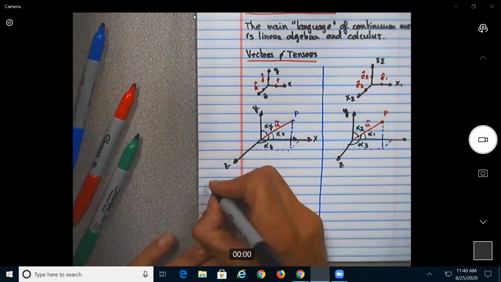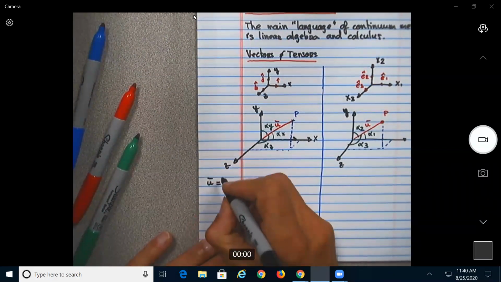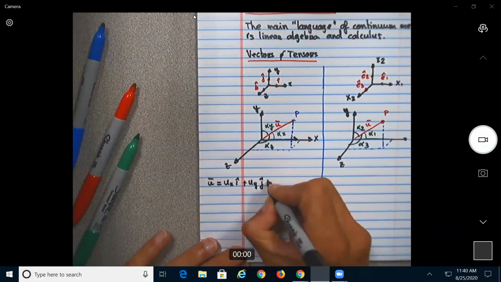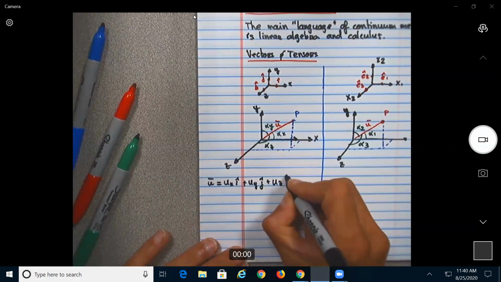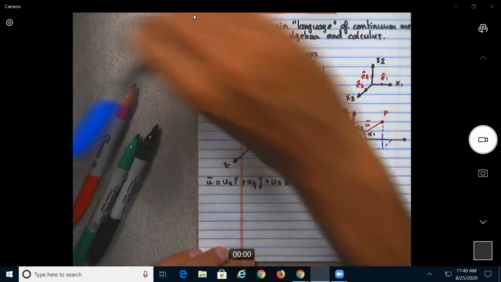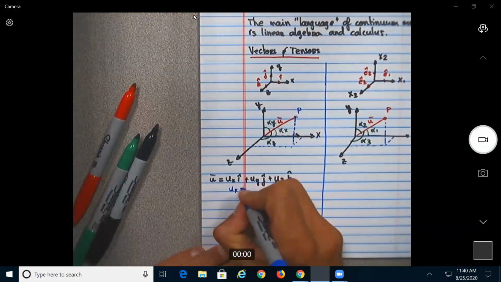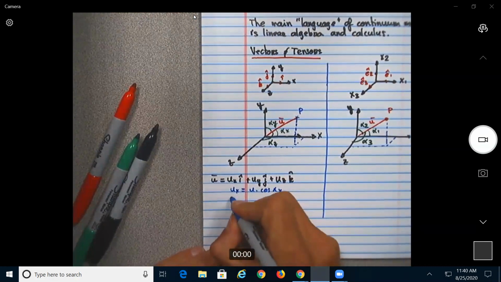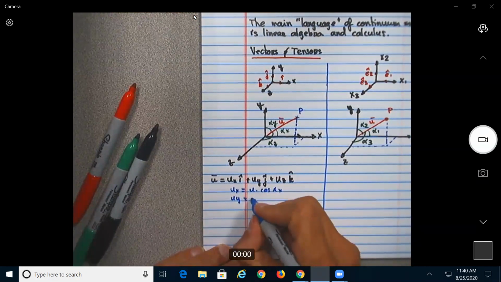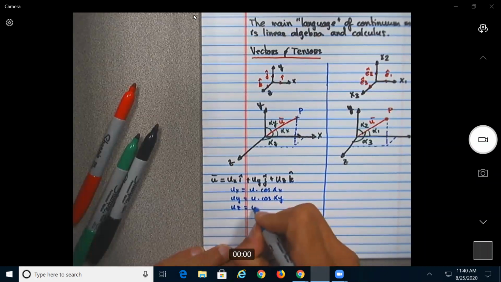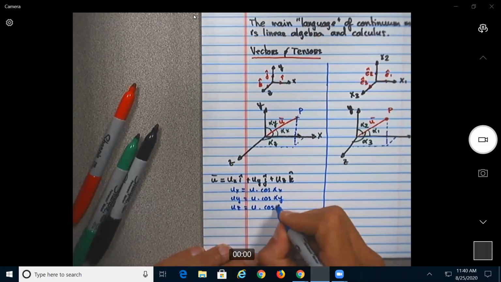Okay, so you need to write the vector. You have here u equal to ux i plus uy j plus uz k, where your ux will be equal to what? u cosine alpha x, uy will be u cosine alpha y, and uz will be u cosine alpha z.